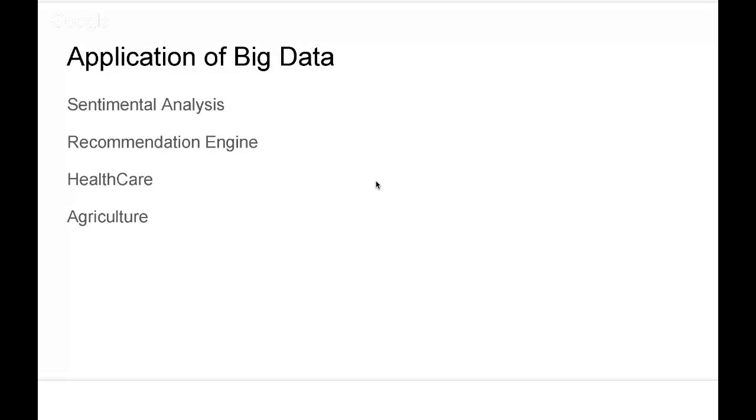So mainly sentimental analysis is nothing but the behavior of the customer, like how the customer is behaving with you, what his feedback is, his sentiments about your product. Nowadays, whenever anyone tries something new in a startup, they actually focus on sentimental analysis.